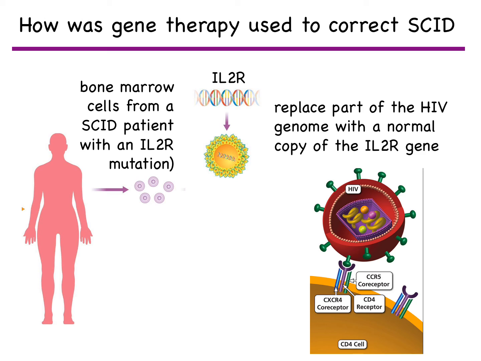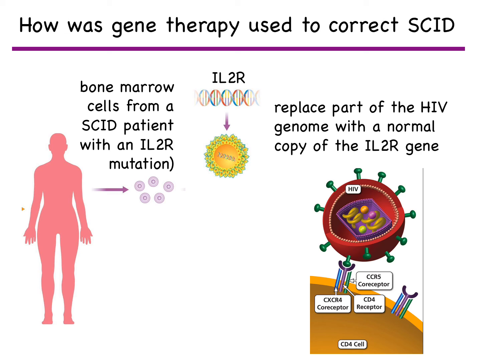The reason they used the HIV virus in this case is that HIV expresses on its surface a protein that binds to a receptor expressed in some types of immune cells, CD4 type cells. The receptor is a complex of three different proteins, one of which, CCR5, I'll come back to a little later in the lecture.